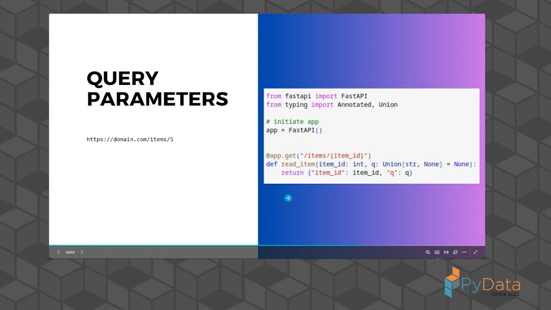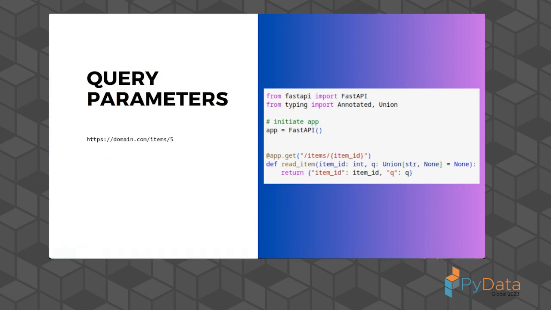And you may want to receive some information from your client. For example, in the forecasting example, say I want to request all the forecast for London in the next 5 days, then in my API I will have something similar to this. This is saying items/ and between these two brackets, this means that it's going to receive something.